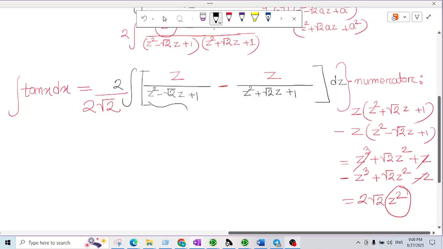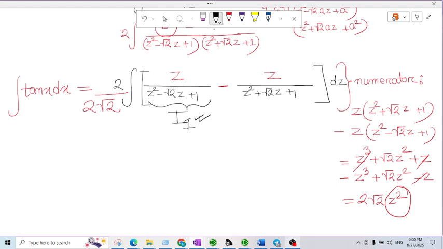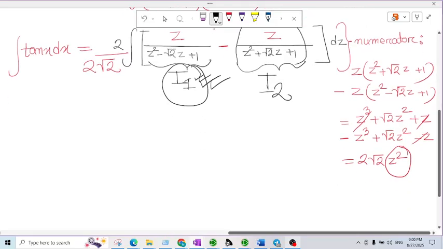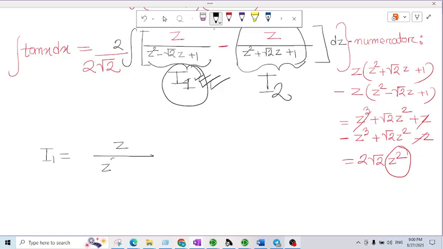First we will solve this term, and let's assume that this term is equal to I1, and then we will separately solve this term, and let's assume that this term is equal to I2. Well, so first let's find what is I1. So I1 is equal to the integral of z over z square minus root 2 z plus 1 dz.